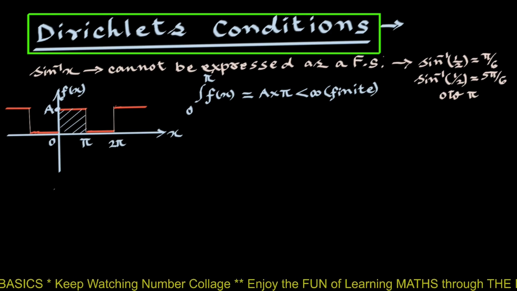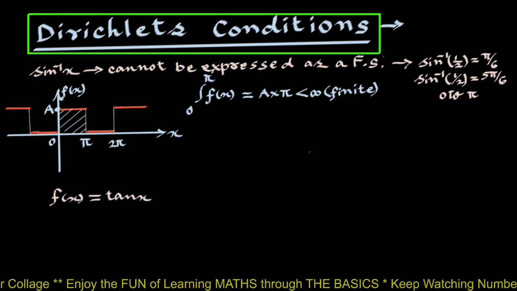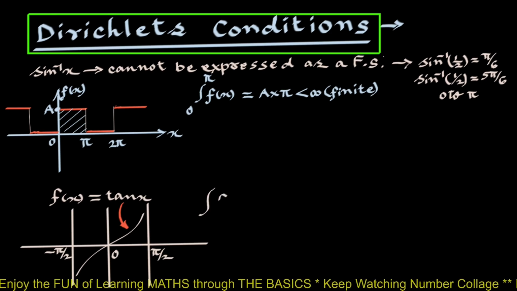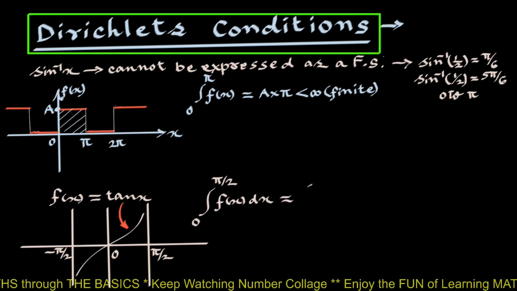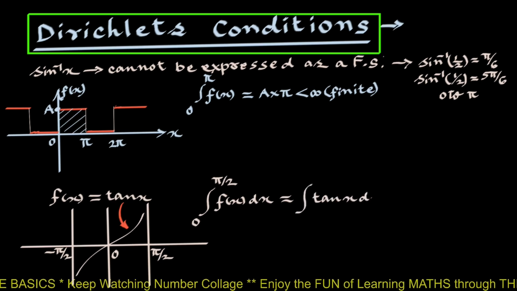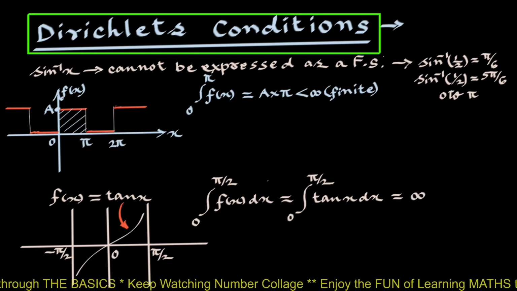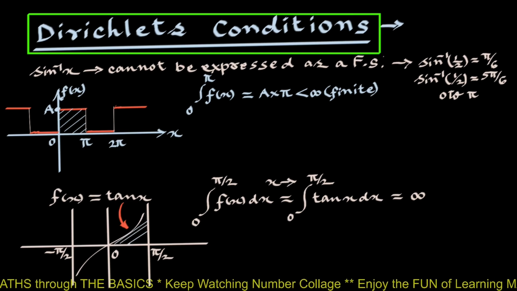Now consider the function f(x) equals tan x, whose graph would look like this. In this case, integral f(x) dx from 0 to pi by 2, that is integral tan x dx from 0 to pi by 2, will be infinite, because as x approaches pi by 2, the area will be infinite.